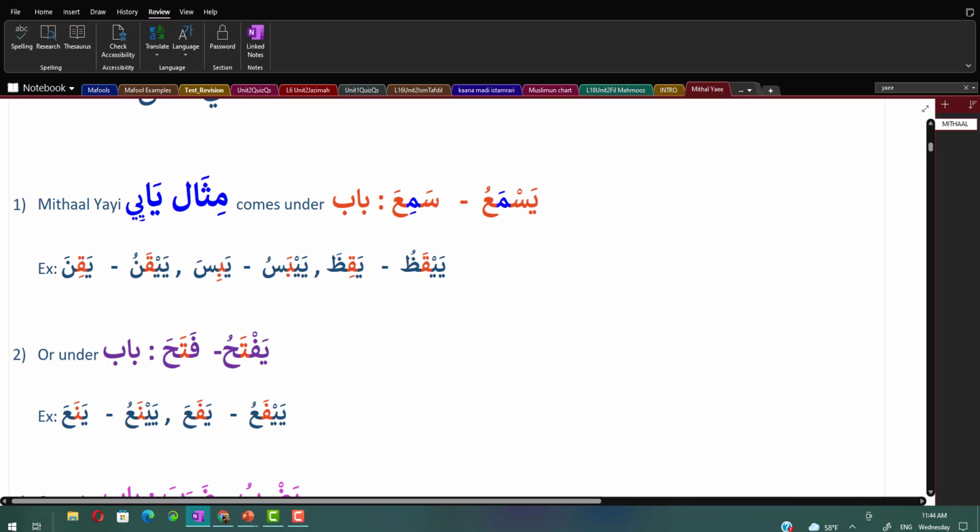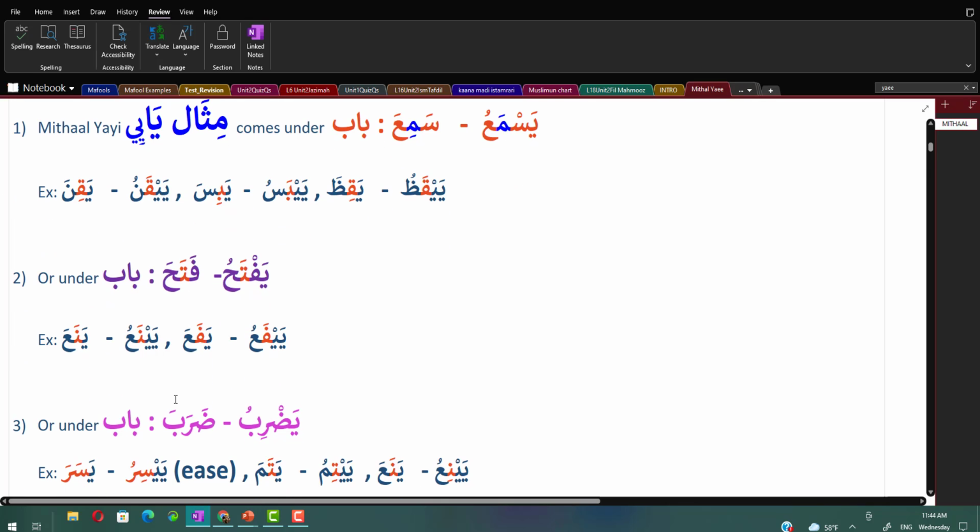And mithal yaee comes under different families. It comes under bab sami'a yasma'u. Examples are yaqina, yayiqanu, yabisa, yayibasu, yaqidha, yaiqadu, yaisa, yayasu. Or it comes in family fataha, yaftahu: yana'a, yainau, yafa'a, yaifa'u.